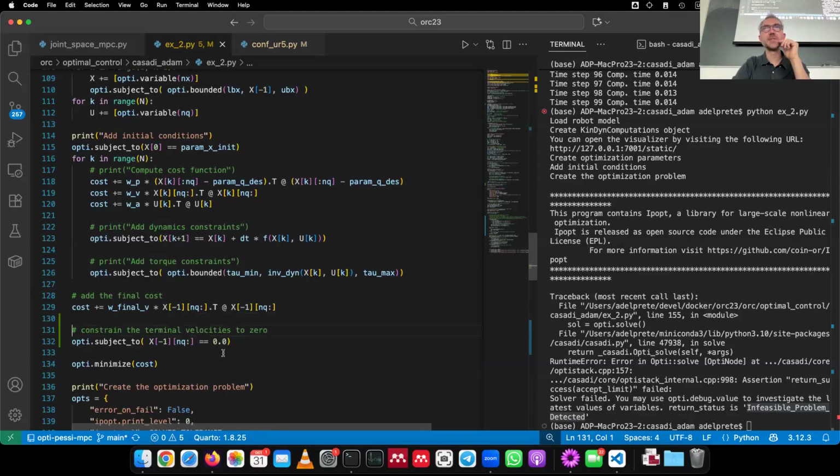So if you do so, we have a control invariant set as terminal constraint set. And this ensures what? Recursive feasibility of the problem. So if the problem is feasible at time step 0, it's going to remain feasible forever. Let's see if that works.